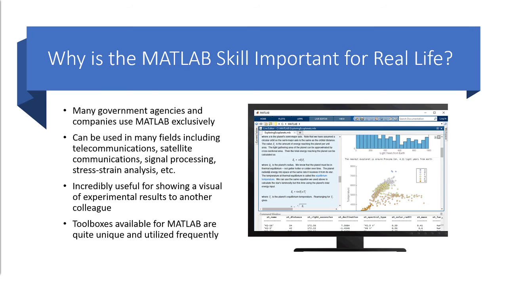And finally, the last thing that I learned from the interview was that the toolboxes that are provided by MATLAB or available through MATLAB are incredibly unique and are utilized frequently by these companies and government agencies. And once again, for those of you that don't know, a toolbox in MATLAB is very similar to a library in some other languages.